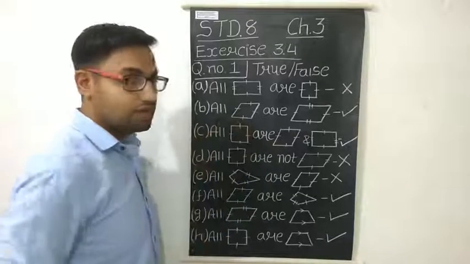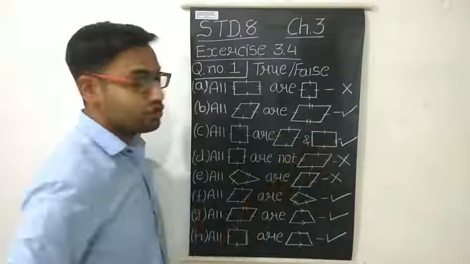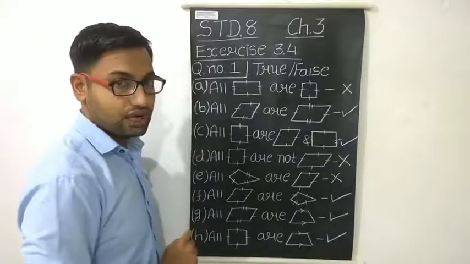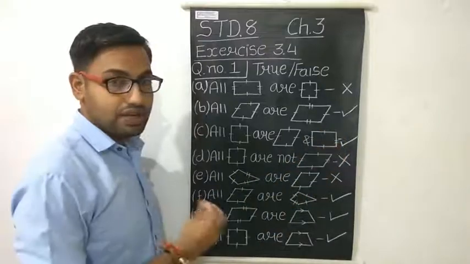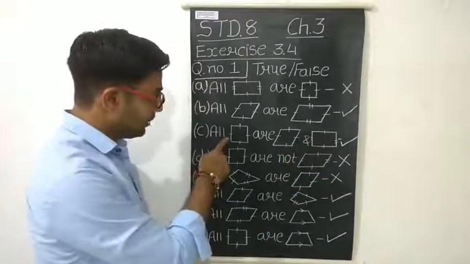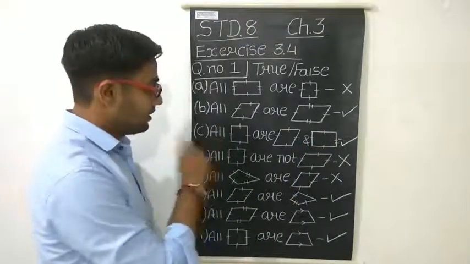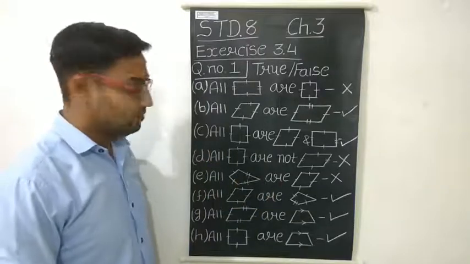So yes, the square satisfies this condition, and it also satisfies the condition of a rectangle, because according to the rectangle, opposite sides must be equal and parallel, and all the angles are of 90 degrees. So all the conditions are satisfied by this square. So this statement is also true.